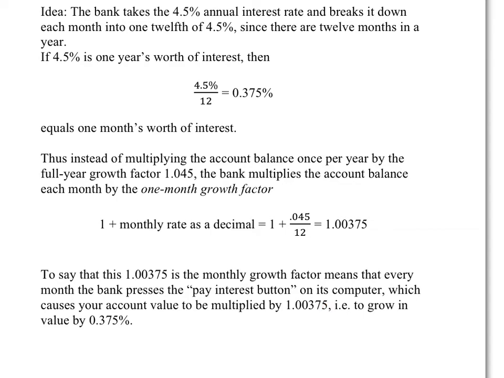That is, to grow in value by 0.375%. So instead of doing this once at the end of the year and multiplying by 1.045, it multiplies by 1.00375 12 times a year. Please go on to the next video.